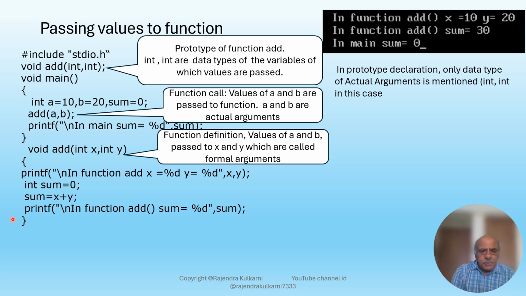In the prototype declaration, only the data types of the arguments are mentioned. So in the prototype we don't mention the names of the variables or anything like that. We simply write the data type of the arguments which we intend to pass to the function.